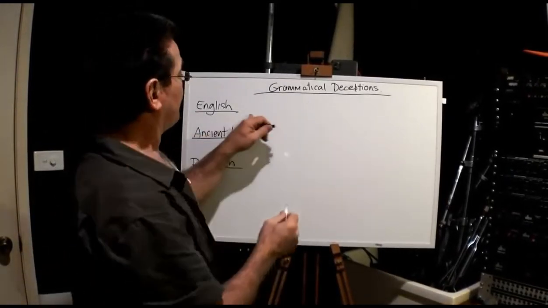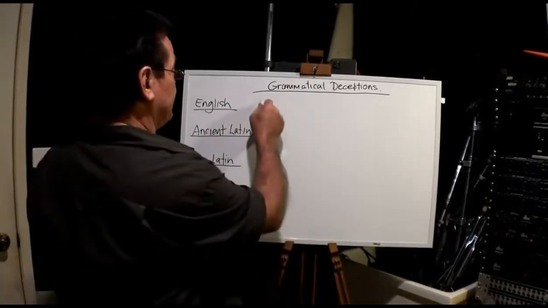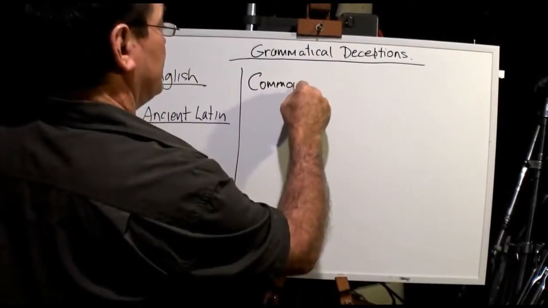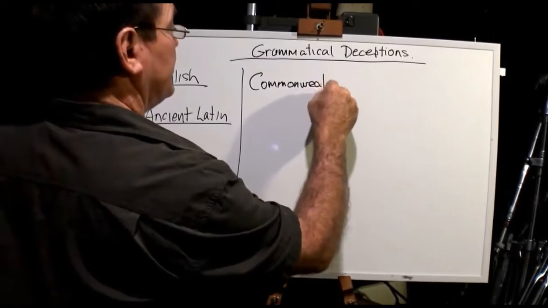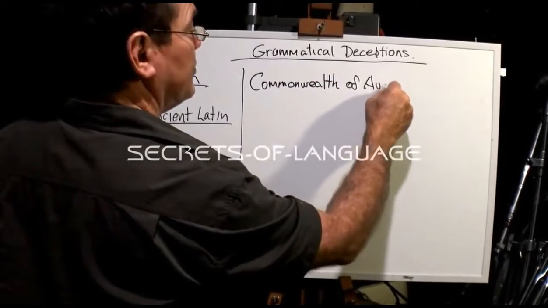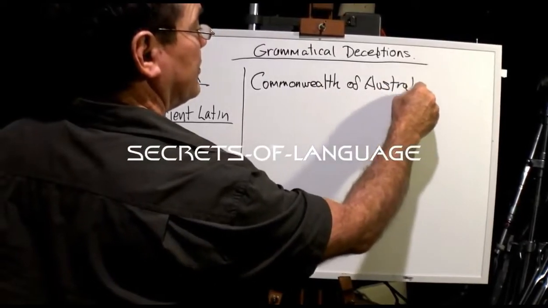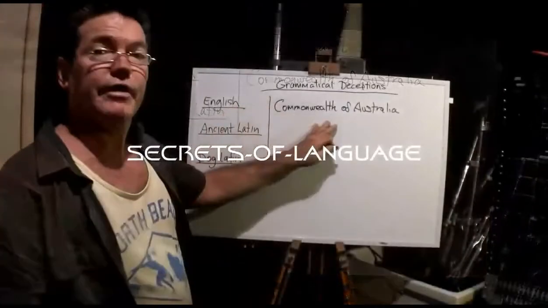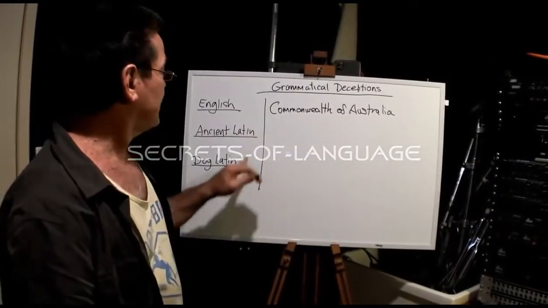Okay? First, let's write it in English. You can read that, Commonwealth of Australia.